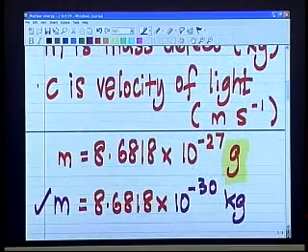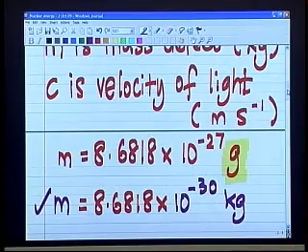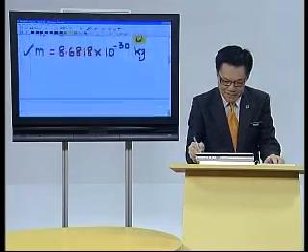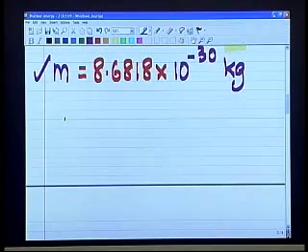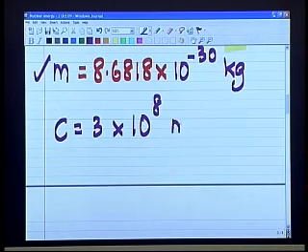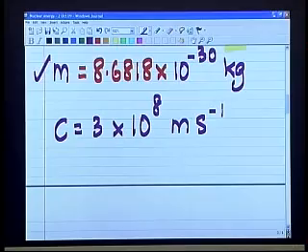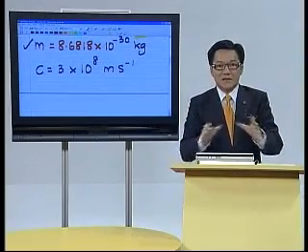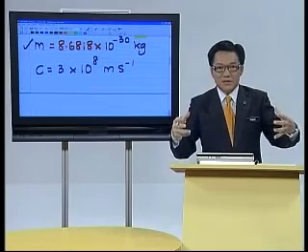I have settled on the speed of light, which is given. I write it down again: c is 3 times 10 to the power of 8 meters per second. Now it is simple. The rest is mathematics, so to speak.